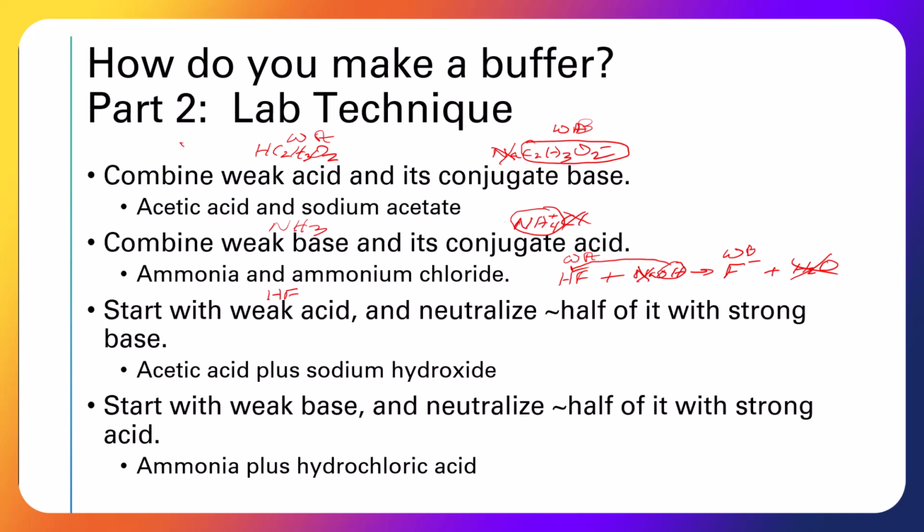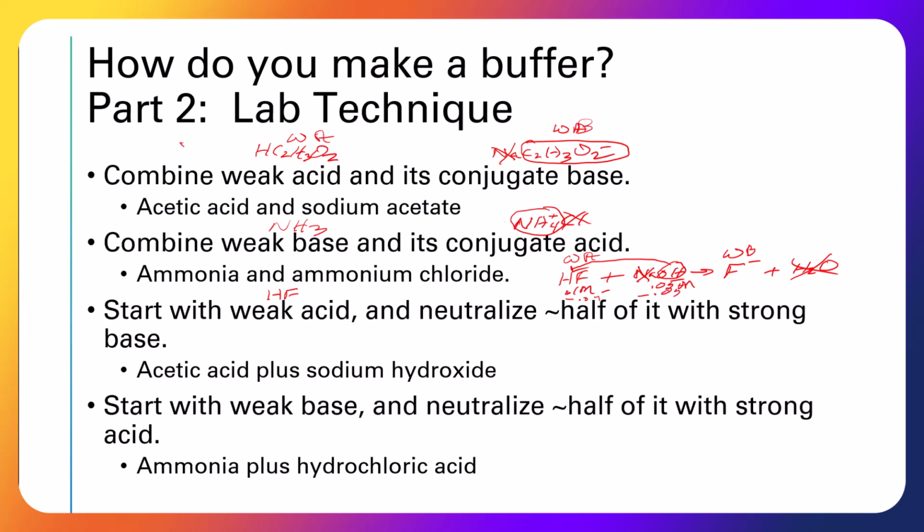So let's say I had a 0.1 molar solution of HF, and I come in with a 0.05 molar solution of sodium hydroxide. I generally use half as much. So that's going to be minus 0.05, minus 0.05.